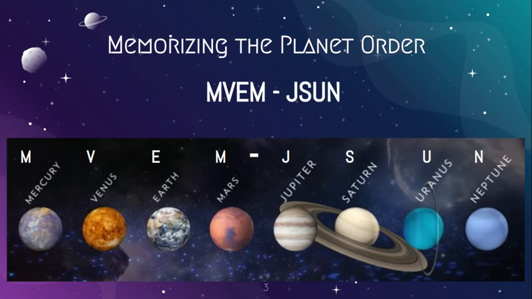Now, there are 8 planets in our solar system. And the way that we arrange these is by their order in their orbit.